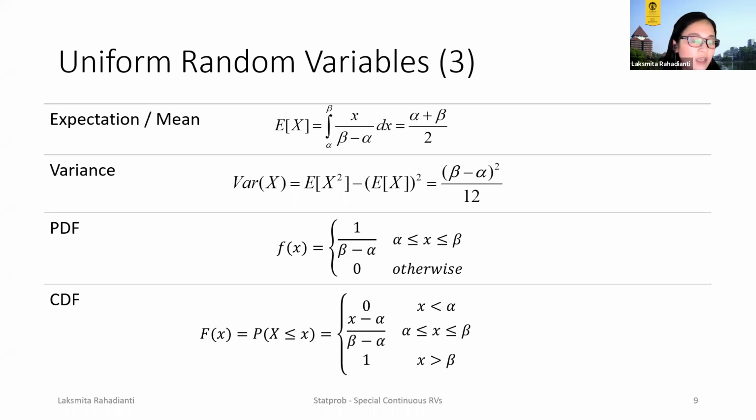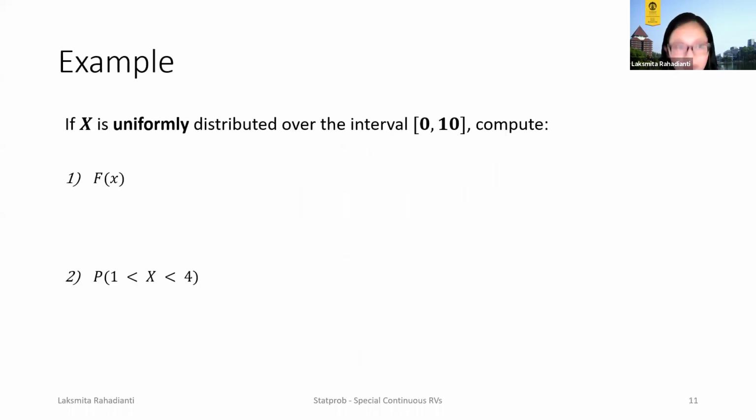So immediately we can go into some exercises. If X is uniformly distributed over the interval of 0 and 10, so we know that it is distributed uniformly between 0 and 10, this is our alpha and our beta, because this is where it is valid.